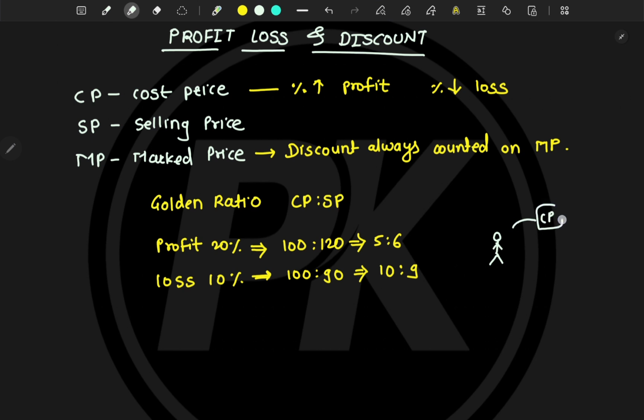So that will be my cost price. Okay. And I have this small shop via which I will sell it to many customers with some profit, right? With some extra money. Okay, so that will be my selling price.